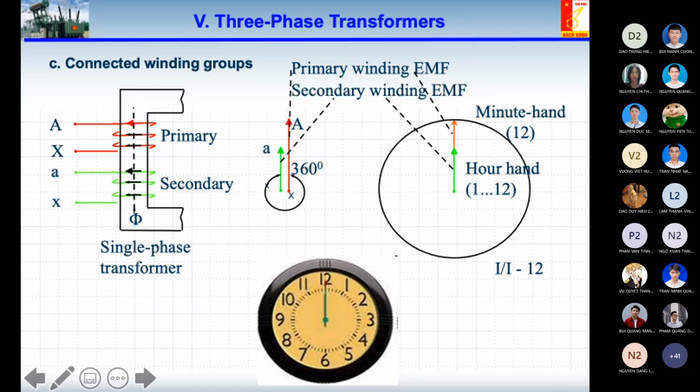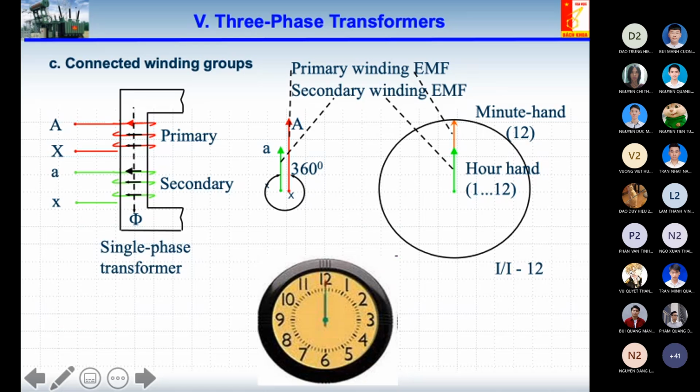If you take this as a standard, you can compute the phase angle between number 12 and number 1, number 12 and number 2, or even number 1 and number 2, or number 2 and number 3. You can see the angle is 30 degrees.